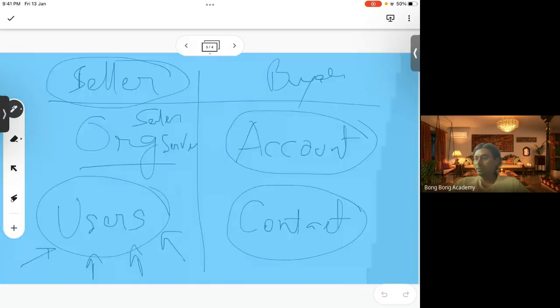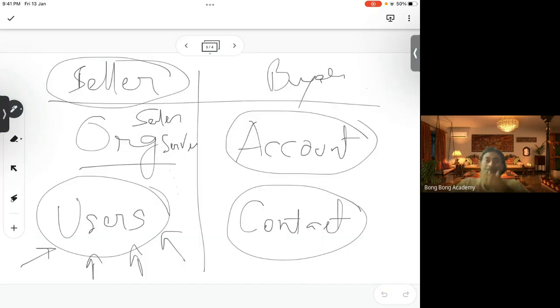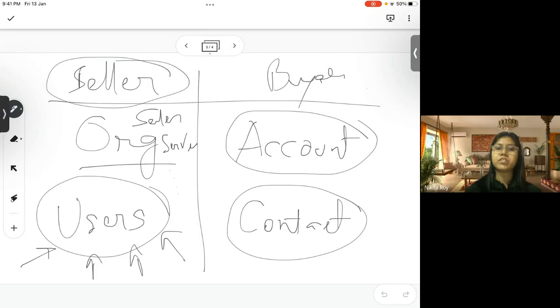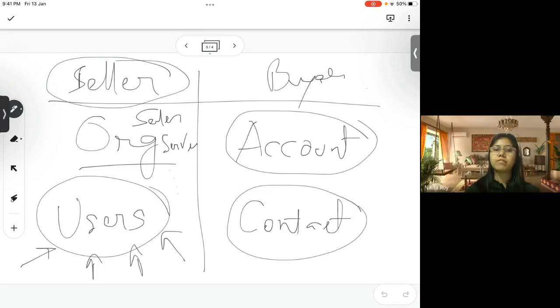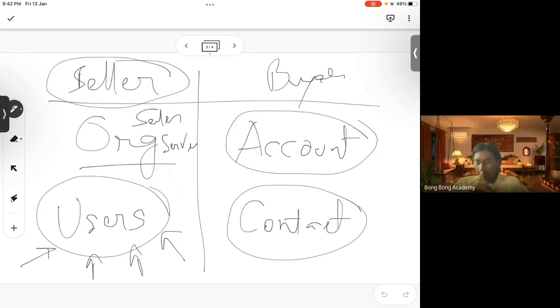What do you think is the relationship between account and contact? Can it be a many-to-many relationship? Explain why. One account can have relation with numerous contacts, and individual contacts can have relationship with more than one account.